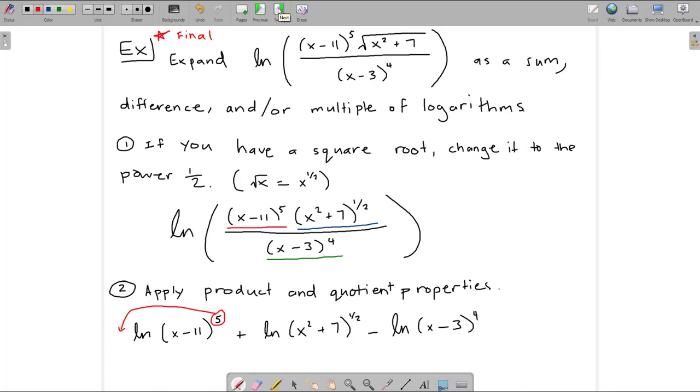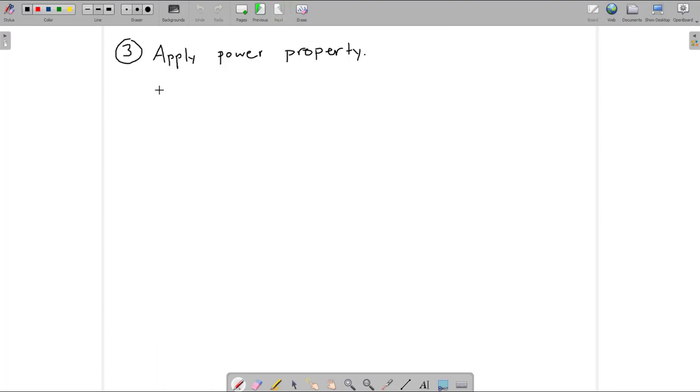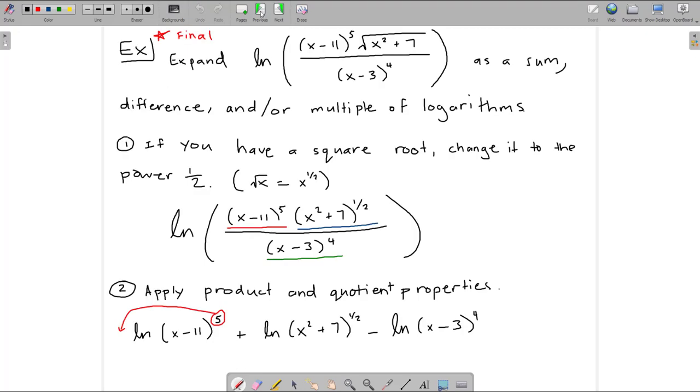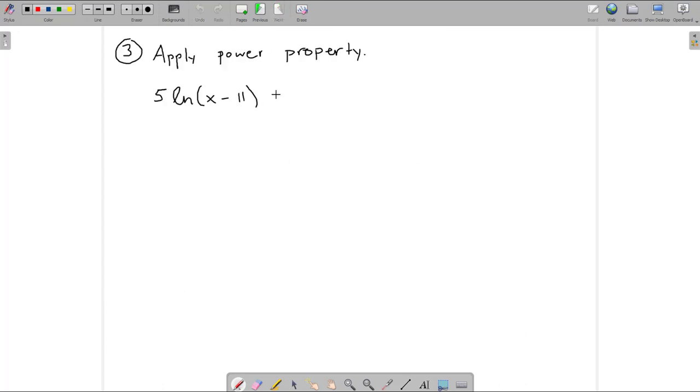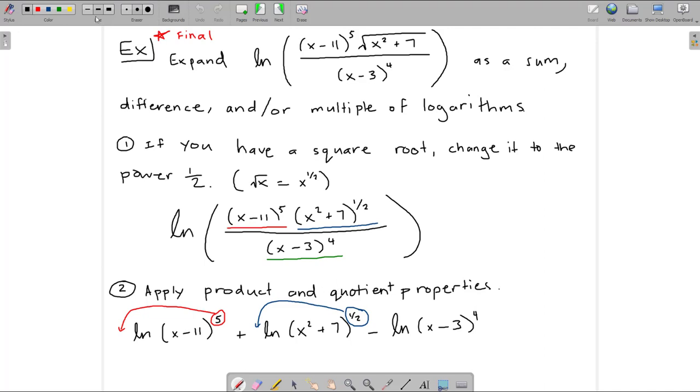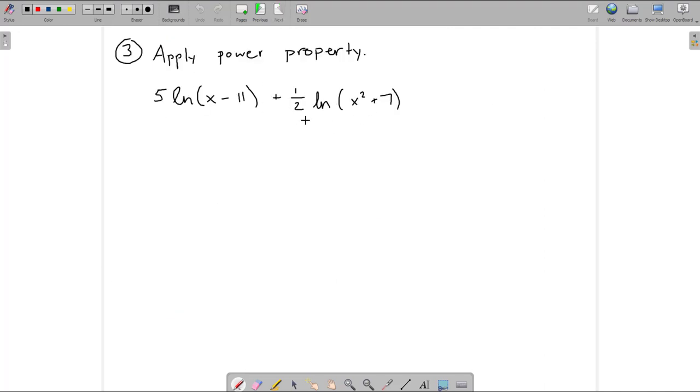So 5 natural log of x minus 11 is what we'll have there. Next we have this 1/2, so that's going to come out to the front of our second term there. So plus 1/2 natural log of x squared plus 7. Make sure I copied that correctly. Yes. Okay, so we have our two terms now.